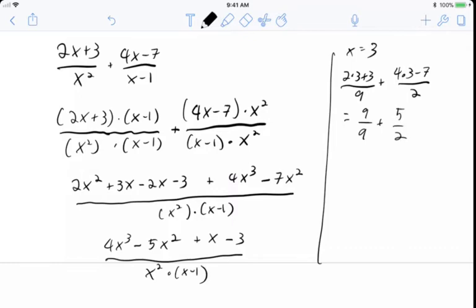And then this bottom one becomes 4 times 3 cubed minus 5 times 3 squared plus 3 minus 3, divided by 9 times 2. So that's 63 over 81. Nope, over 18.